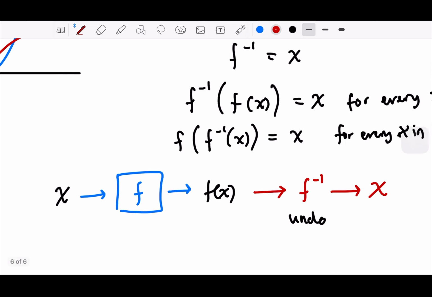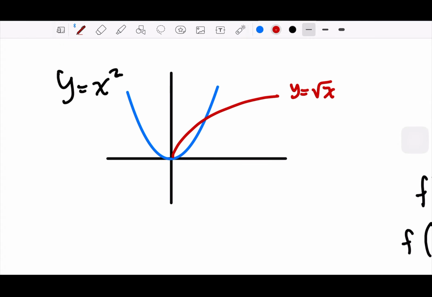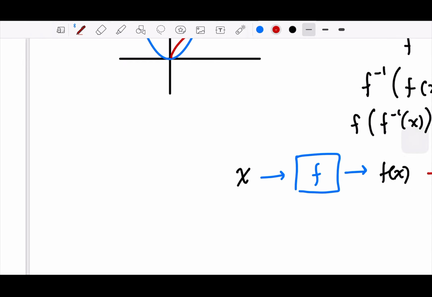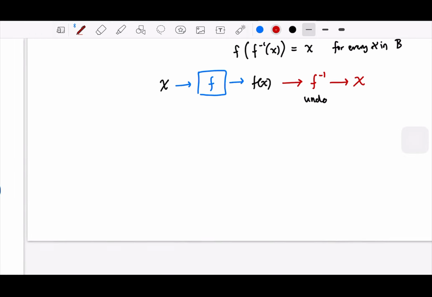Okay, now back to the visuals. What exactly happened here? There is actually a pattern. If you check with the other functions and you check its inverse, there will be a pattern. Maybe I will draw right here.